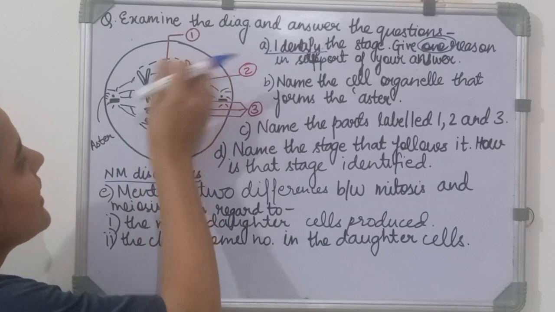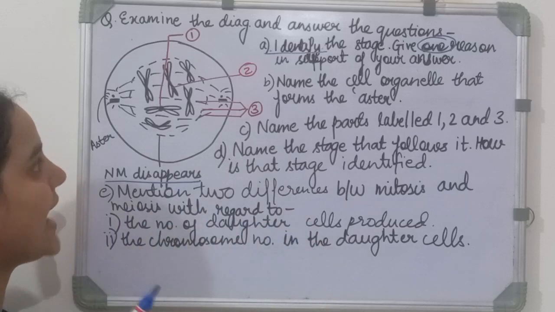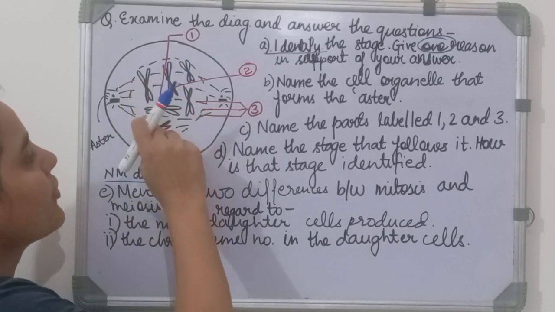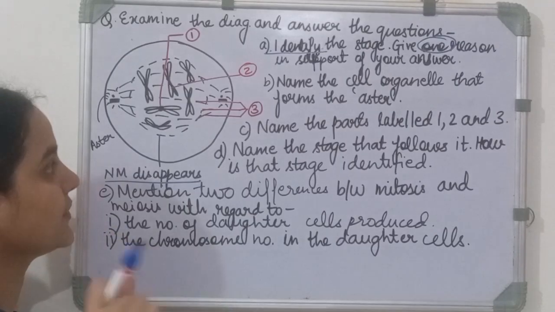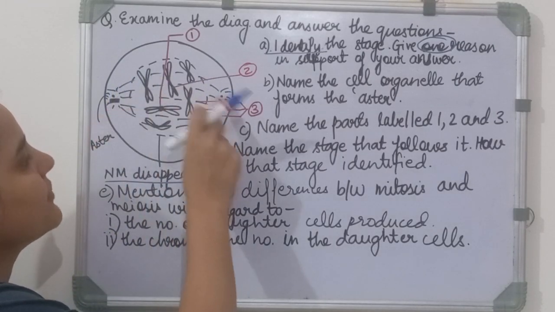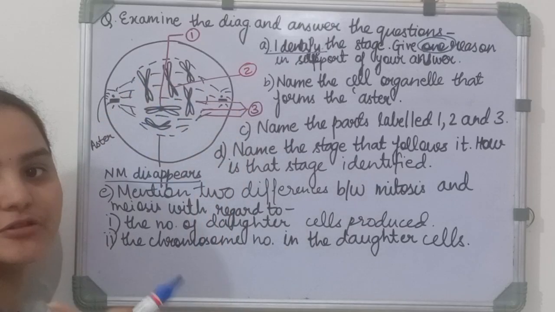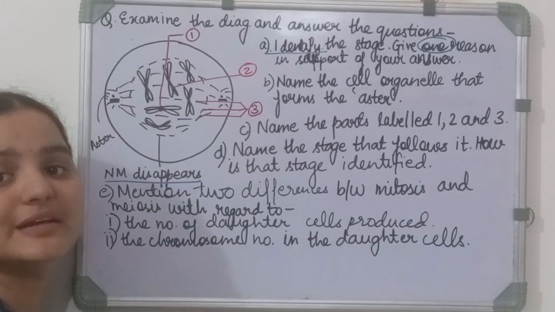Then we can see the centrosomes have reached the opposite poles. We can also see that chromosomes are clearly visible, they have become distinct. And the spindle fibers have formed between these two centrosomes. So this stage is late prophase.